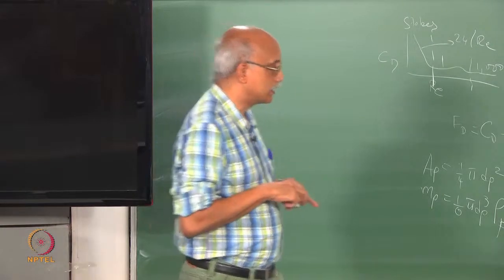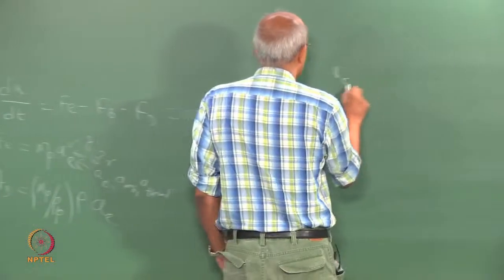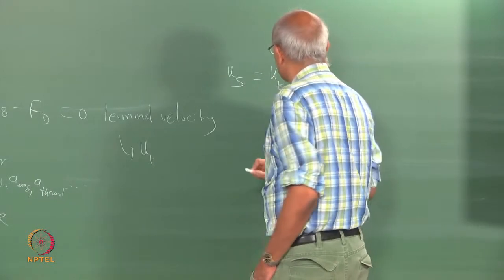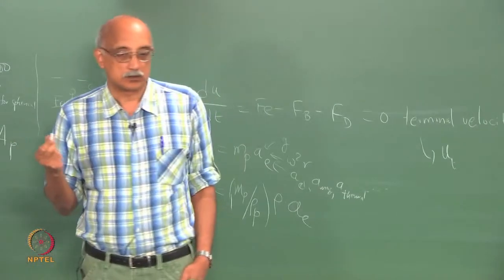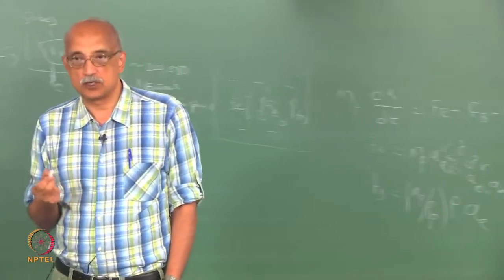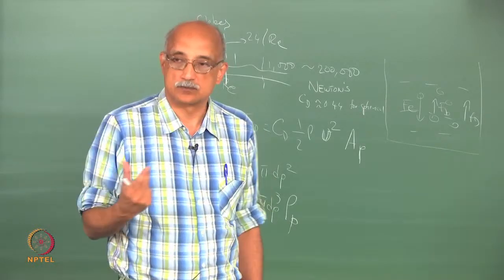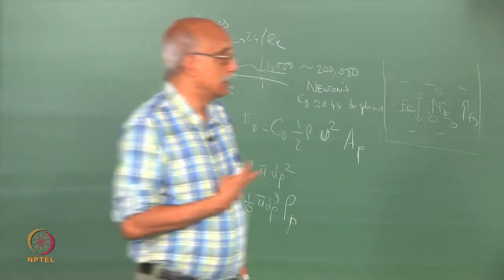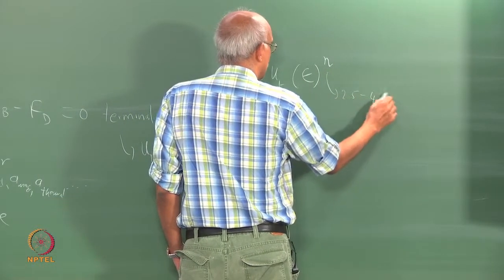And in fact, the settling velocity, when you have hindered settling, is given by ut times epsilon to the power n, where ut is the terminal settling velocity in the absence of hindered settling. Epsilon is the void fraction. So 1 minus epsilon is the solids fraction in the suspension, and n is an exponent which varies between 2.5 to 4.6.